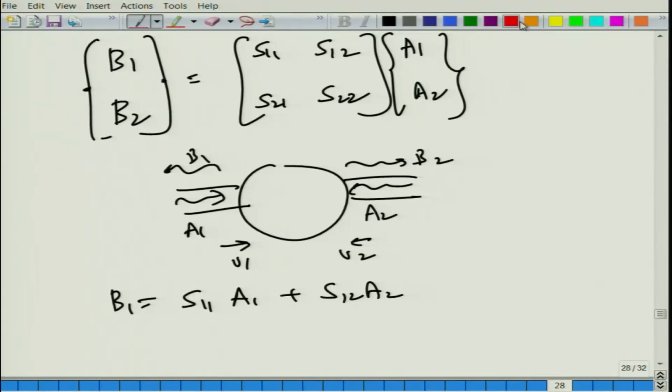So, B1 is equal to S11 times A1 plus S12 times A2. If we set the incident wave to be 0 at the outlet, A2 equal to 0, basically no incident disturbance is there on the boundary, we get B1 is equal to S11 times A1 and B2 is equal to S21 times A1, because A2 is 0.